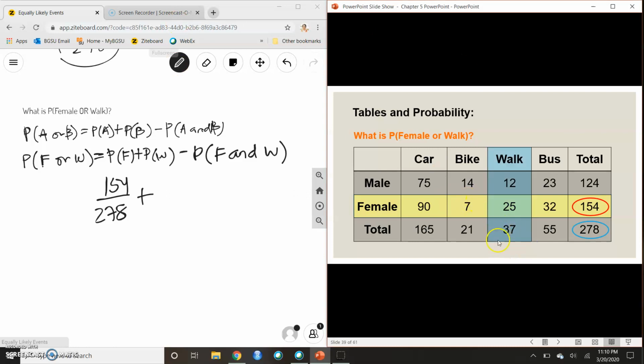Probability of walking is 37 out of 278. Finally, subtracting their intersection. So female and walking intersect at 25. So 25 out of 278.